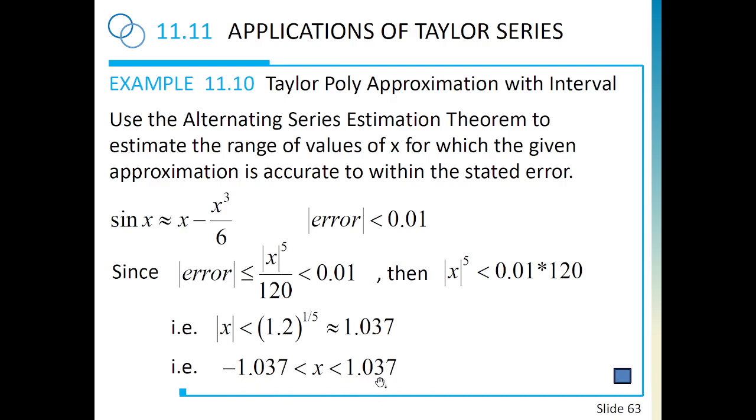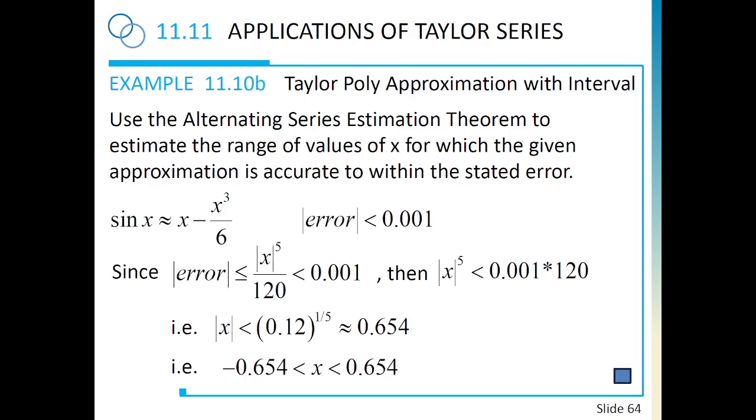So for x in this interval, the error will be smaller than 0.01 when we use the polynomial of degree 3 to approximate sin x. So it is a decent size interval for very little effort.